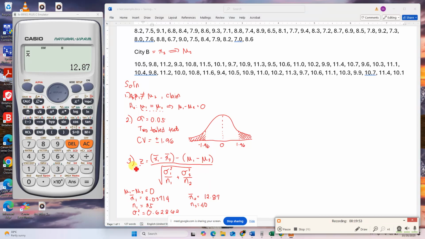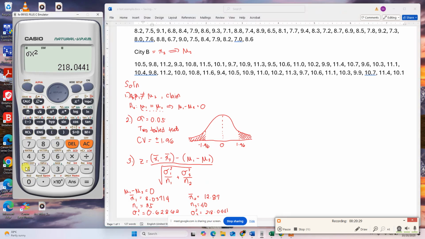Next, you're going to get the variance of CTB. Again, AC, shift 1, 4, and then 3. Then shift the x squared to get the variance. So the variance is 218.0441.